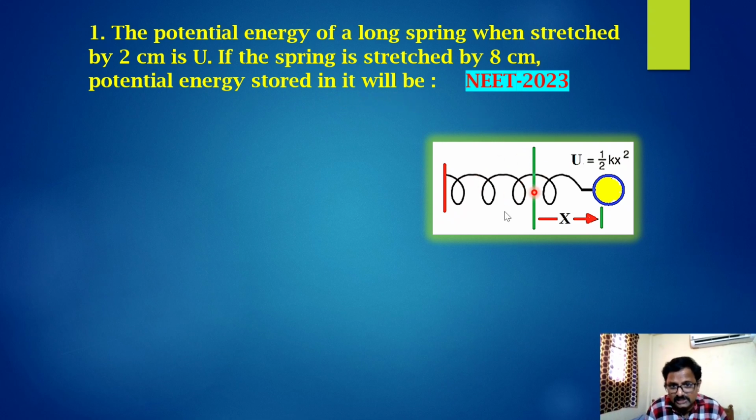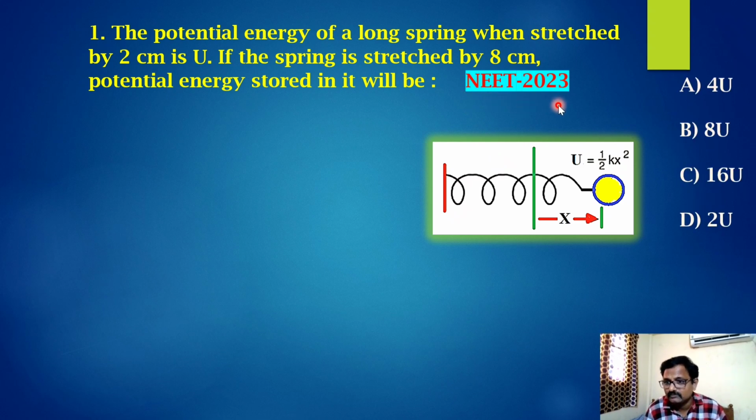So if we stretch the spring 8 centimeter, what will be its new potential energy? It was given in NEET 2023. From these options we have to identify the correct answer.